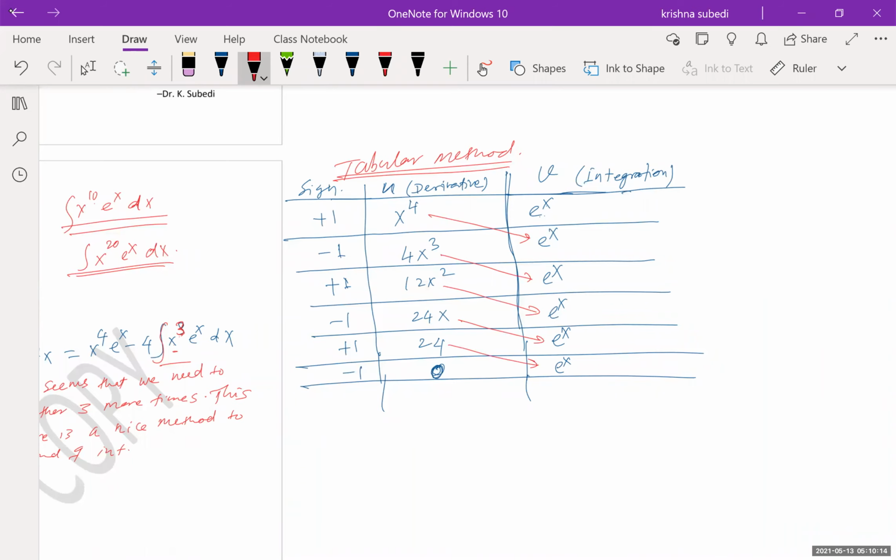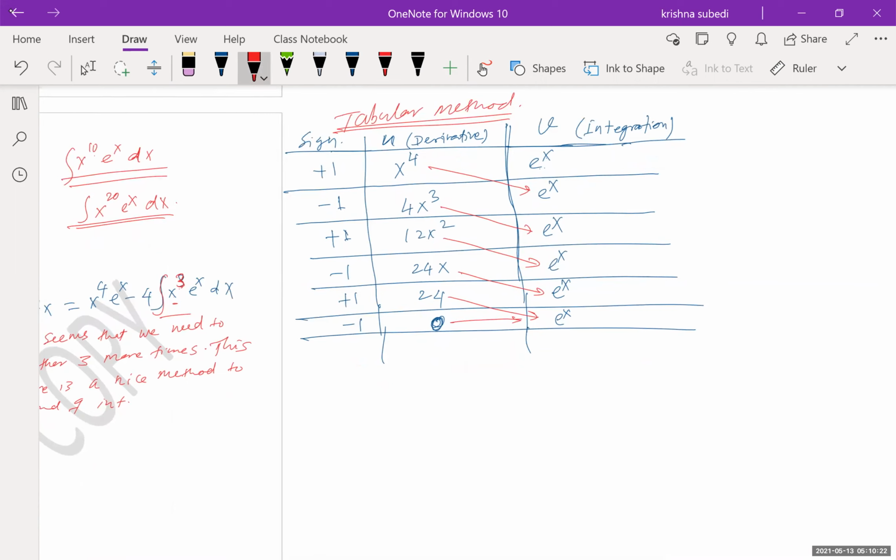It always goes one step down, and the bottom part will go with the bottom part. So the last one will go with the last. Now let me write down the integration. So our answer for x to the power 4 e to the x dx is going to be, you just multiply that. So we got x power 4 e to the x. Okay, I multiply the first one.